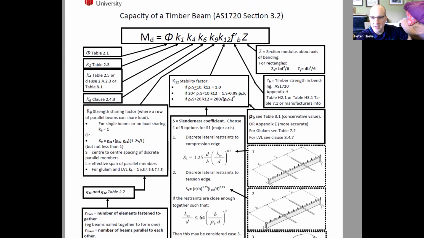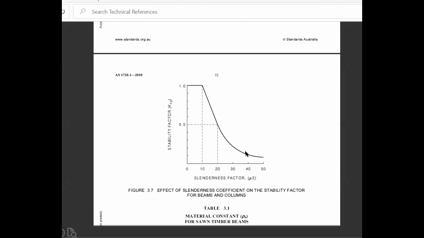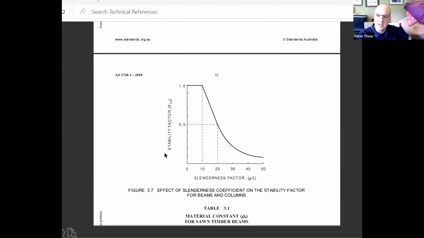I wonder if I have a graph here. Here's a graph of the slenderness coefficient. So when your rho S is 0 to 10, there's your K12 value, it's 1. Oh, we can't see the graph on our screen. Sorry. This is the K12 factor here. When your rho S is between 0 and 10, which basically means your beam is well restrained, then your K12 factor is 1.